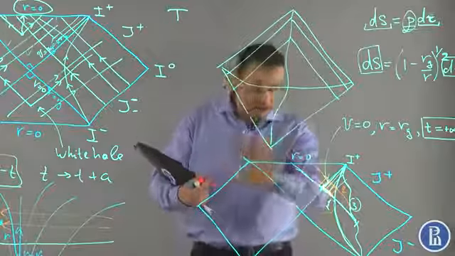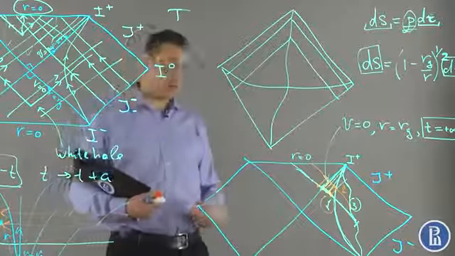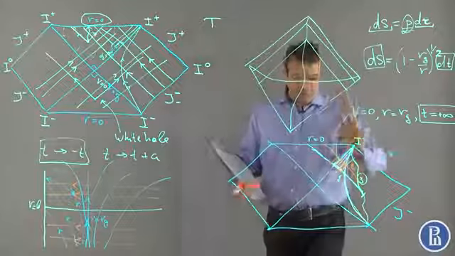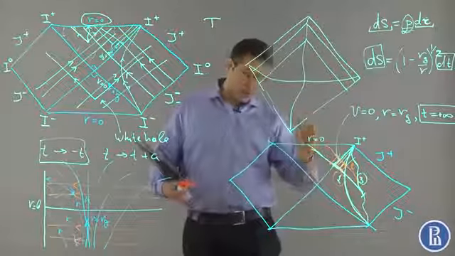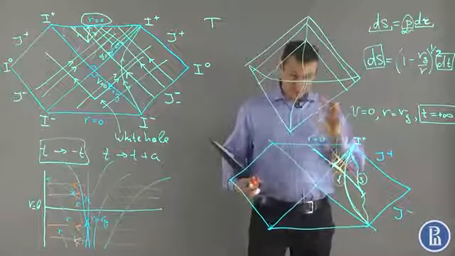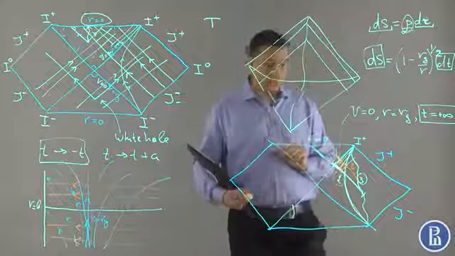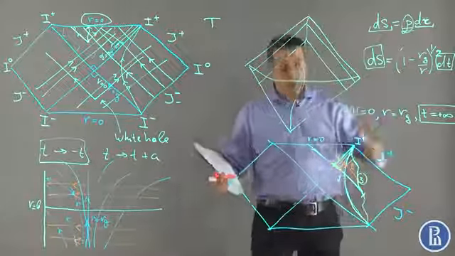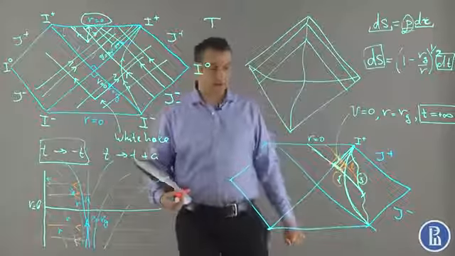So we can qualitatively see properties of black holes with the use of the Penrose-Carter diagram. So you see there are causally disconnected regions, so one can never emit something from here that can be received here. This is the reason this is called a black hole. And so these are the advantages of the Penrose-Carter diagrams.